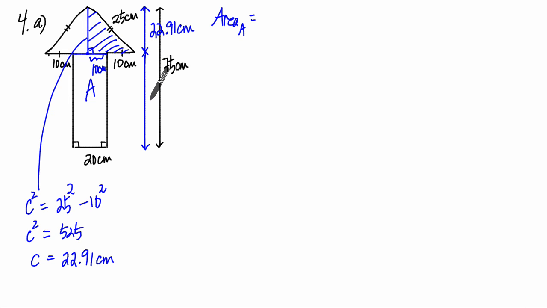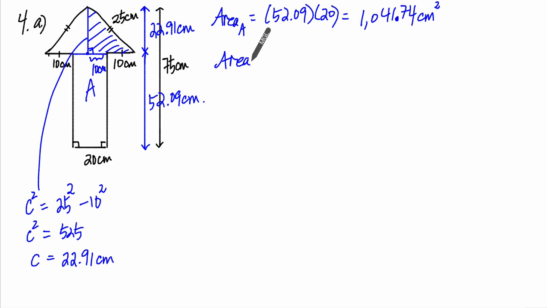And that is equal to 52.09 centimeters. So the area of A would be 52.09 centimeters times 20. Let's punch that in my calculator here. And we get an area of 1041.74 centimeters squared.